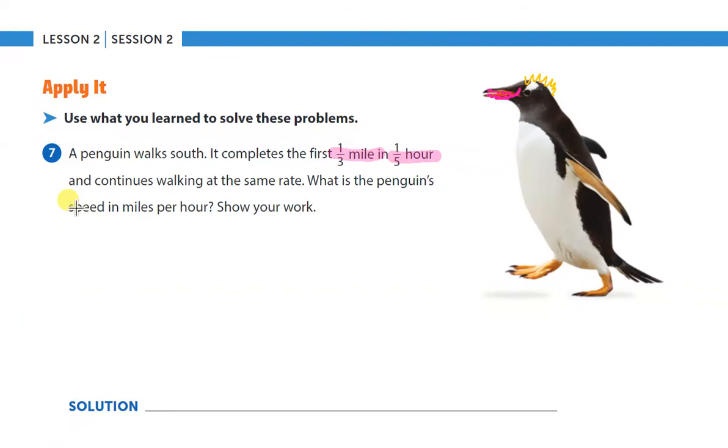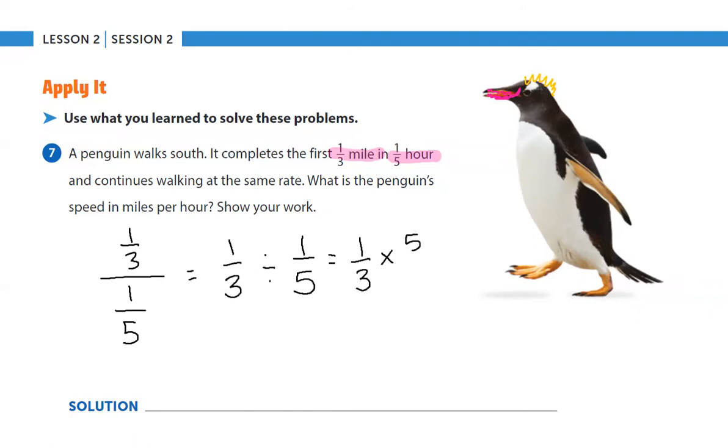Okay, so remember, if it's miles per hour, so arrows need to be on the bottom if you want miles per hour, which is miles divided by the hours to get the unit rate. So that's going to be keep, change, flip, and that is 1 times 5 is 5, 3 times 1 is 3.